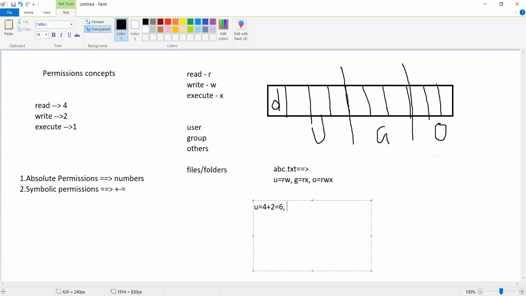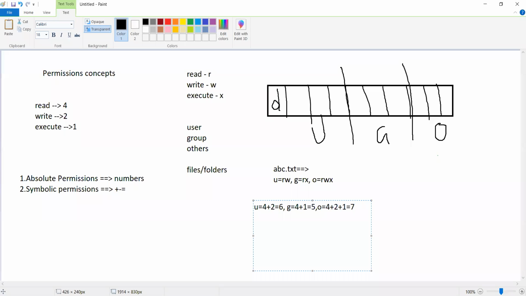This is user. And group, what is it having? Read execute. Read means 4, execute means 1, so the value would be 5. And others equals read write execute: 4 plus 2 plus 1, which is equal to 7. So others would have 7.